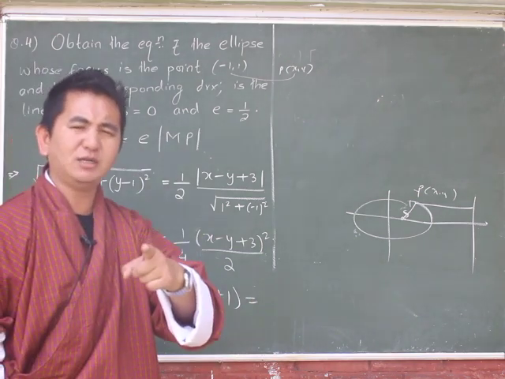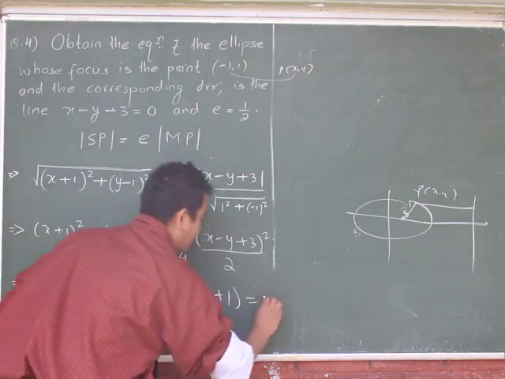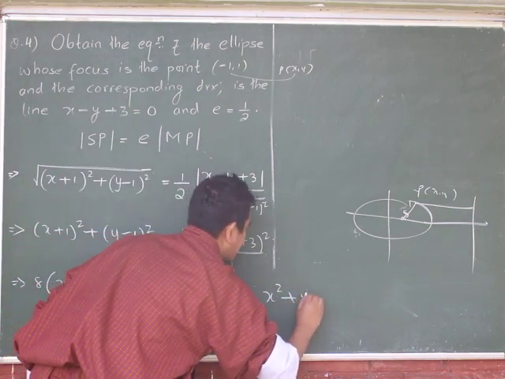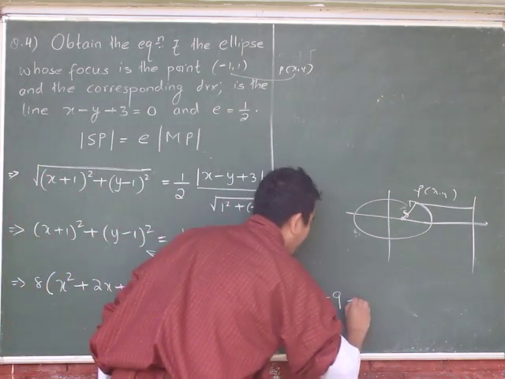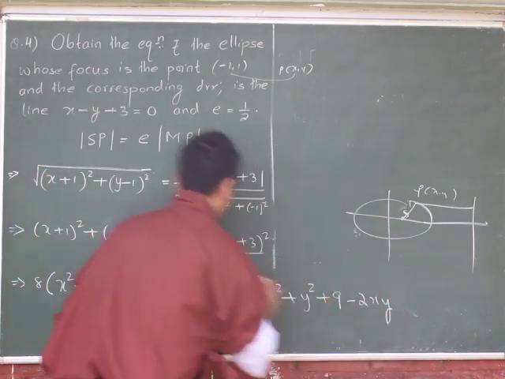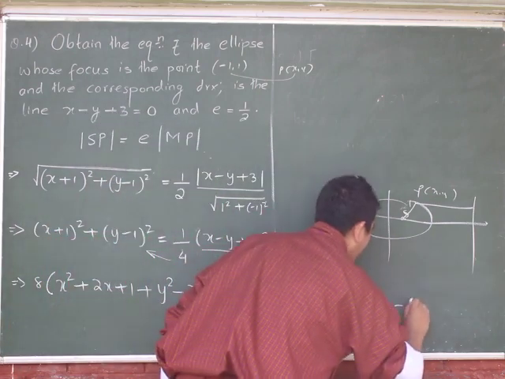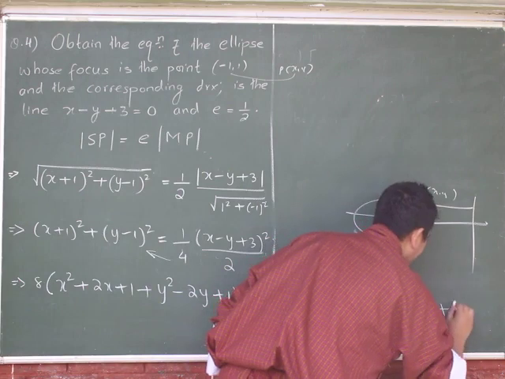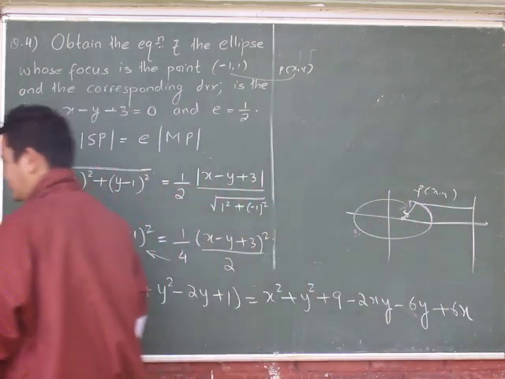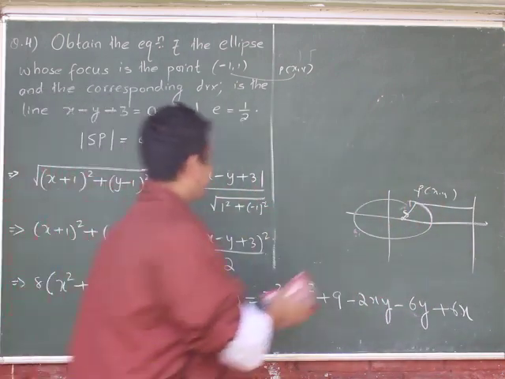I've given that formula under parabola. Expand this: x square plus y square plus 9. Multiply these two, minus 2xy. Multiply these two, minus 6y. Multiply these two, it becomes plus 6x. That's it.